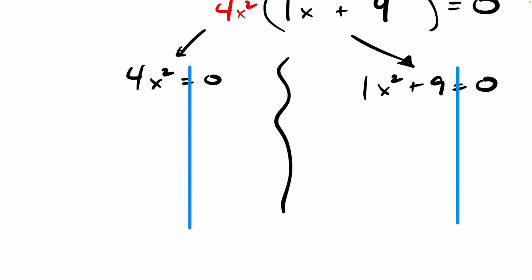So the 4, what do I do with the 4? Add, subtract, multiply, or divide? Divide. Good. X squared equals 0, because 0 divided by 4 is just 0.